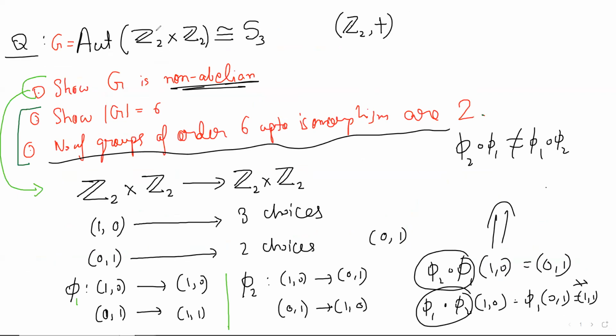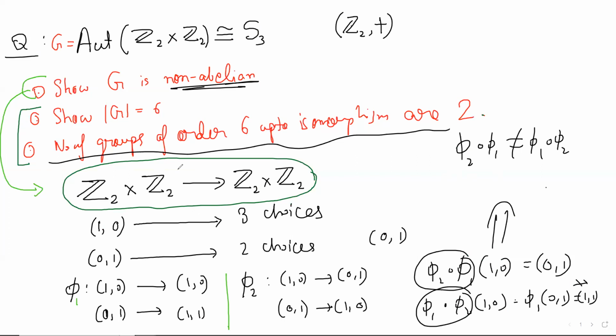Now, if you would like to view this from the angle of vector spaces, that also you should do. If you view this from the angle of vector spaces, this is actually asking for all the invertible 2x2 matrices over F2. It is asking you to count that and say what that is.